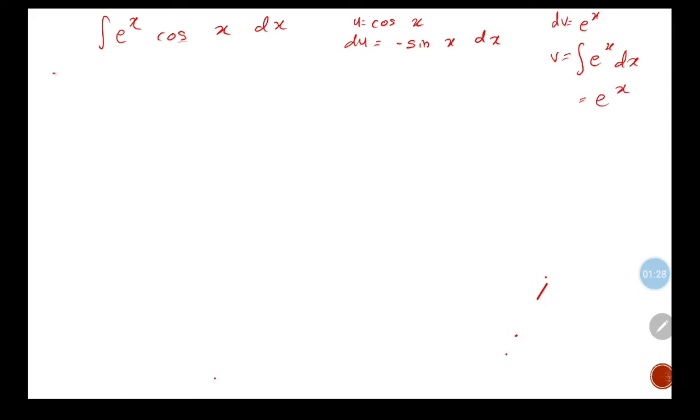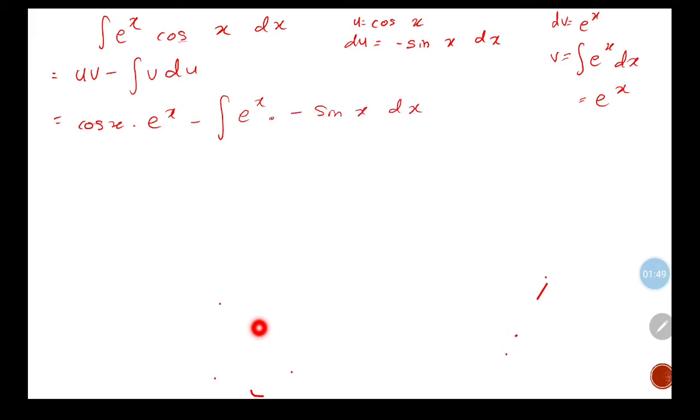Okay, and then we want to use this formula, uv minus the integral of v du. So u is cos x, e^x is v, minus the integration of e^x, where du is minus sin x dx.